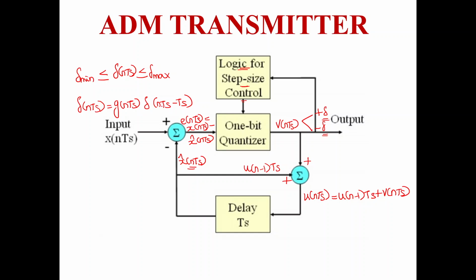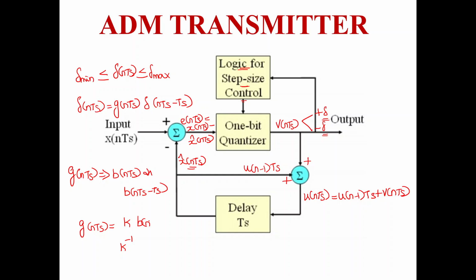The adaptation rule is written in order to make the step size a varying parameter. G of nTs is the multiplier term. It depends upon the bit b of nTs and its previous bits b of nTs minus Ts and so on. Mathematically, this g of nTs takes two values, one is K, the other one is K inverse.